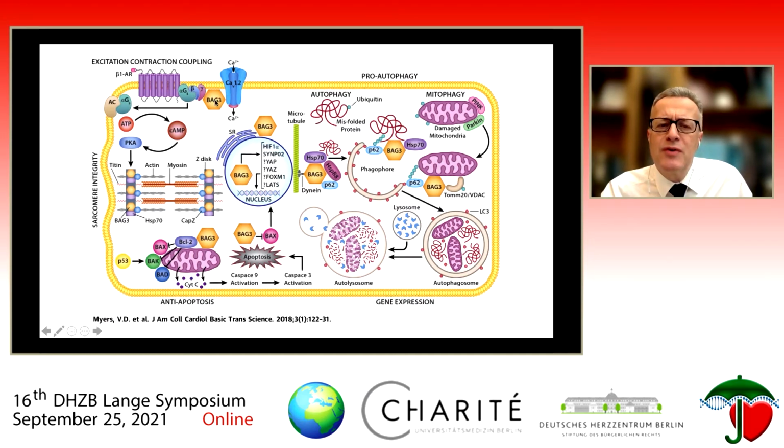But this protein has multiple different effects in the cell, including regulation of autophagy, gene expression, apoptosis, sarcomere integrity, and calcium metabolism with excitation-contraction coupling. So I don't think it's difficult to understand how you could carry rare and common variants in this gene which reduce your resilience to stresses on the myocardium, and this may be true of other proteins too.